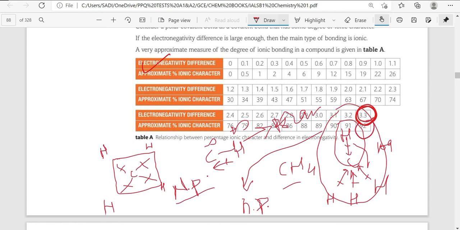How much is the percentage ionic or percentage covalent character? This is the percentage ionic character. It's 92% ionic and 8% covalent. So there is no element in the periodic table which is 100% ionic in nature. Are we clear with this?